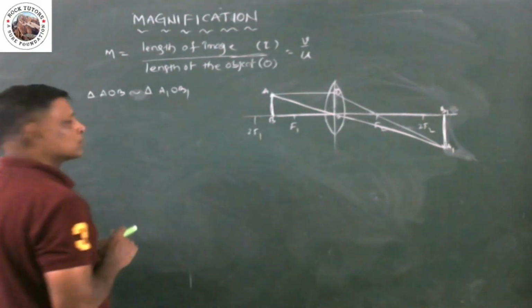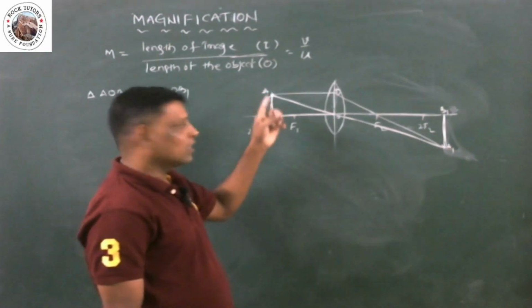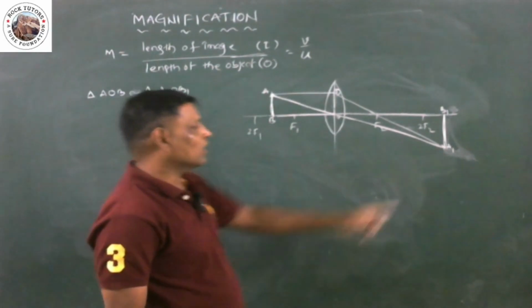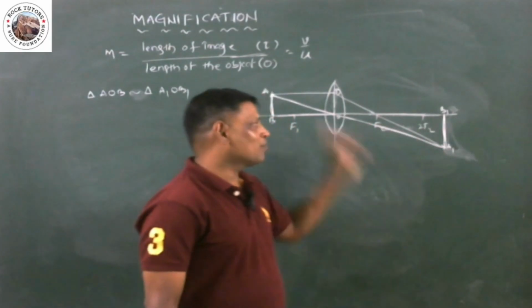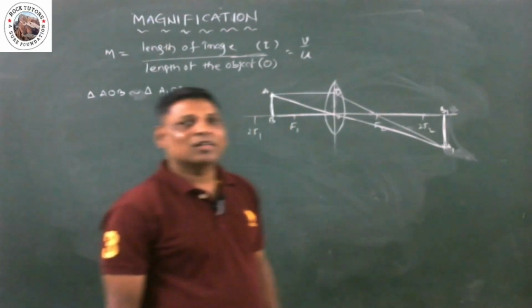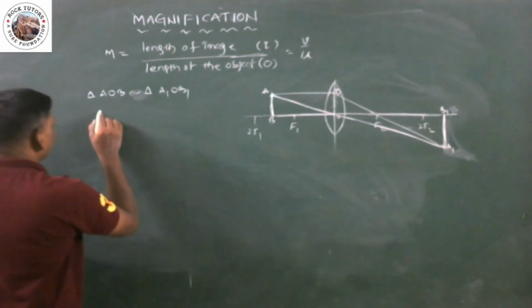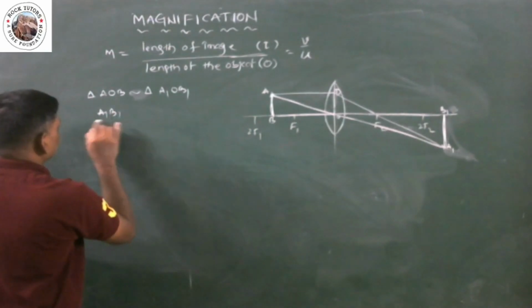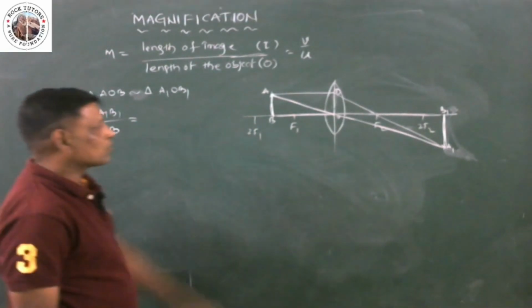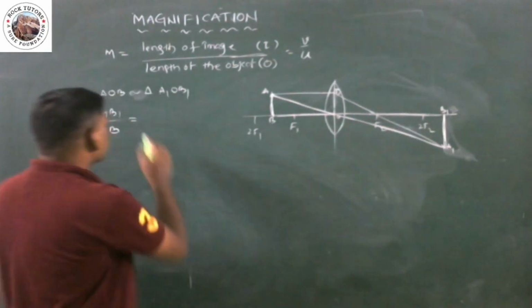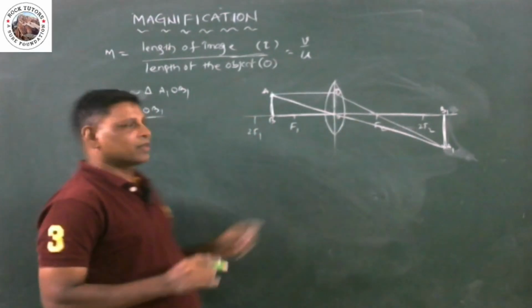When both are similar, their corresponding sides are proportional. So A1B1 by AB is equal to OB1 by OB.